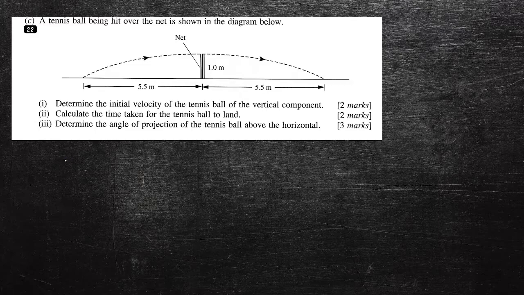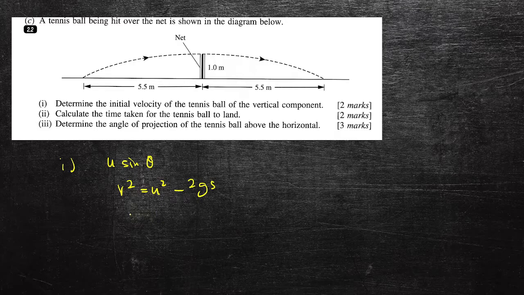For number 1, we only consider the vertical motion, up and down. So the initial vertical velocity is u sine theta, and v squared equals u squared minus 2gs.